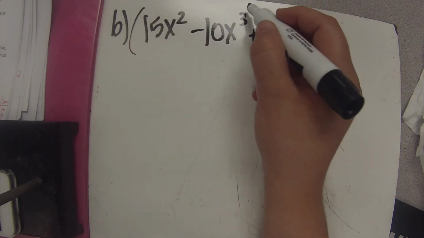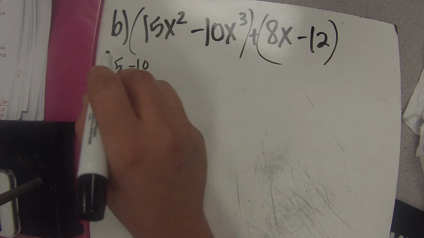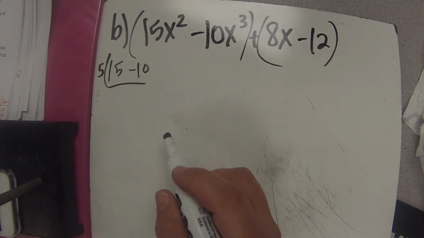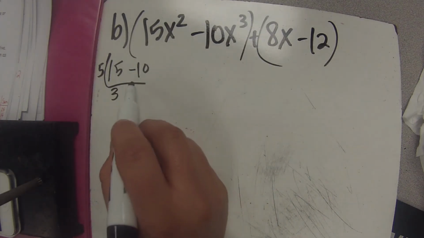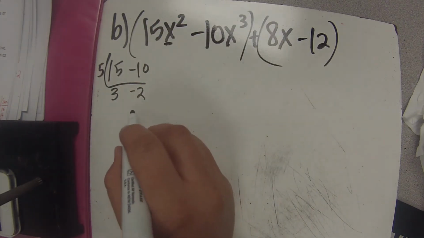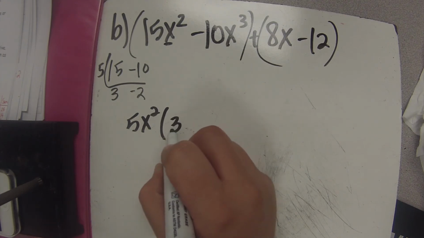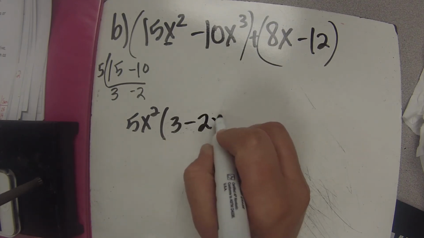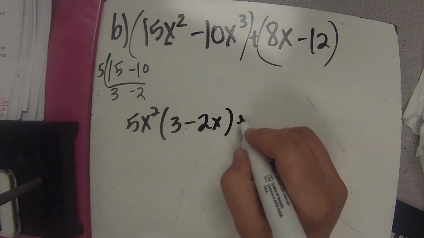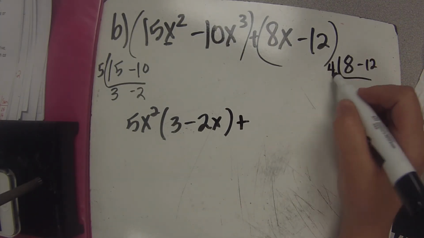And if I group these together, and I do all of the same rules, I can divide that by 5. This will be 3, this will be -2. I can also pull out an x squared on this one, so this will be 5x squared. What's left over is 3 minus 2x, plus 8 and -12 can reduce by 4s.